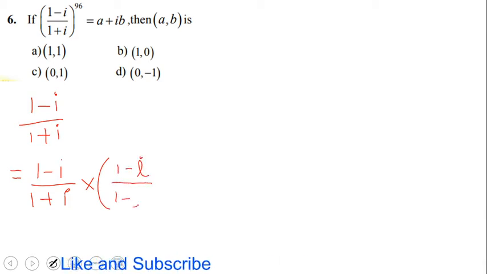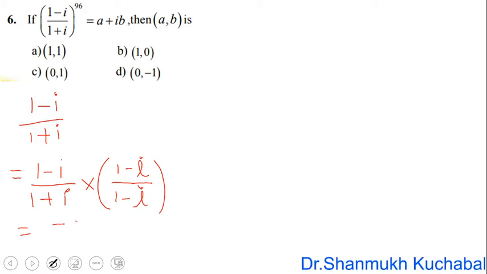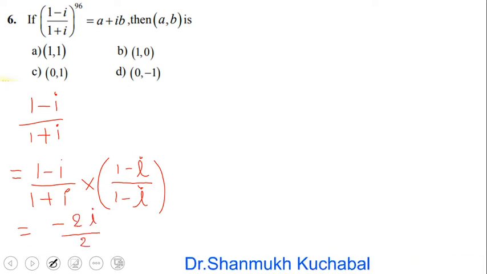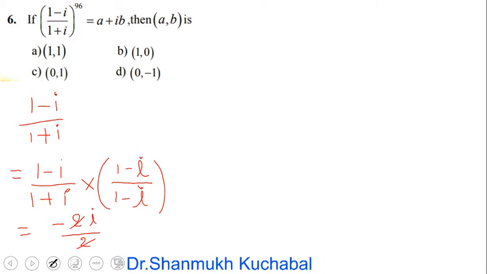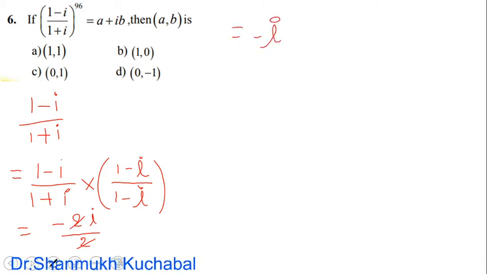The numerator is (1 minus i) whole square, so apply a square plus b square minus 2ab. The numerator simplifies to minus 2i and the denominator to 2. The 2s cancel, and we get the answer as minus i.